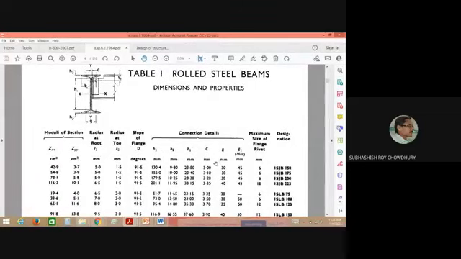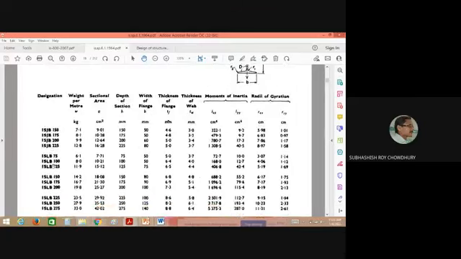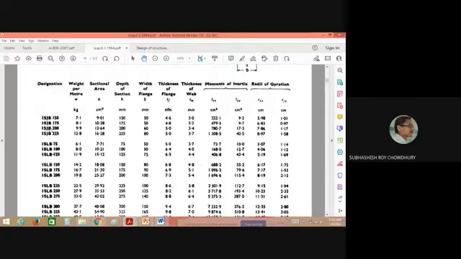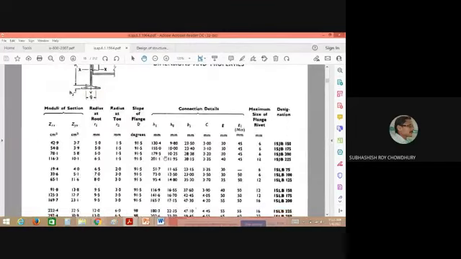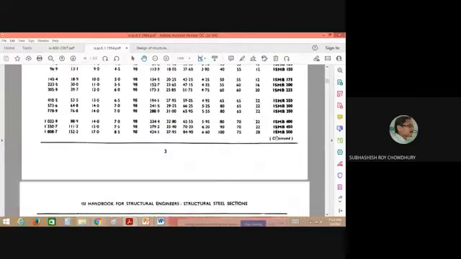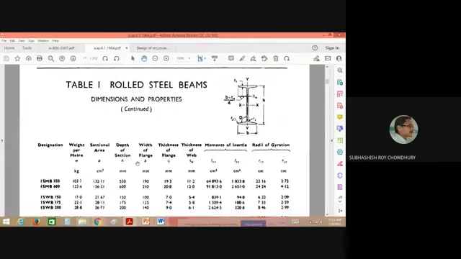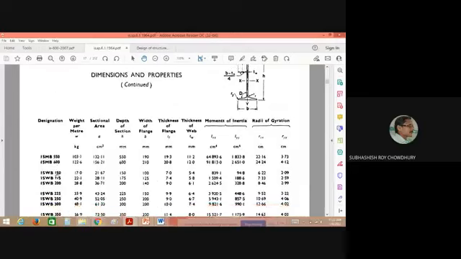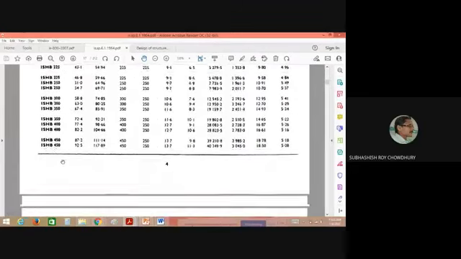But still, the sum of the data are given in this page for all these sections, starting from ISJB 150 ending at ISMB 500. For the same sections, some other data are given in the next page, ISJB 150 to ISMB 500. Now after that, this is the continuation of table 1. Here another set is considered, that is ISMB 550 ending at ISHB 450.